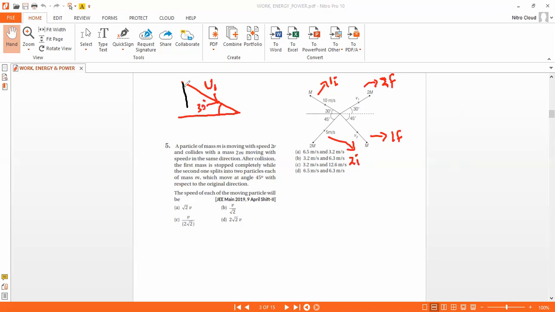If we draw a perpendicular, by applying vector addition, like this, the x component I can write as 10 cos 30. So I can write u1 is equal to 10 cos 30.